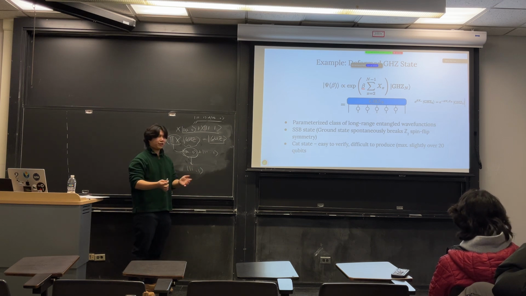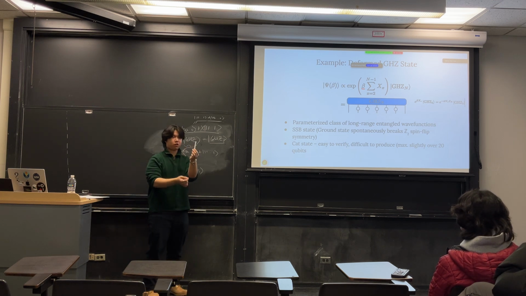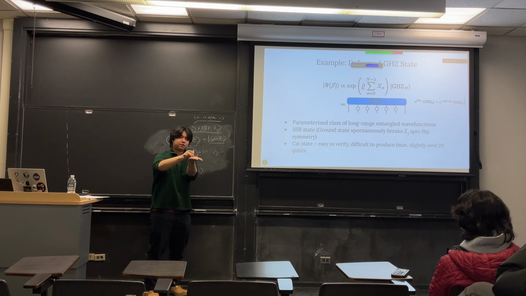Another way of thinking about it is if you have a chalk or a pen, and you put it like this, you can imagine this as sort of the GHZ state. But if you knock it over a little bit in this direction, it completely collapses, and now it no longer satisfies the symmetry.